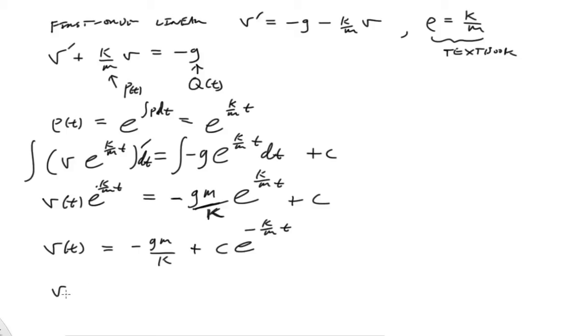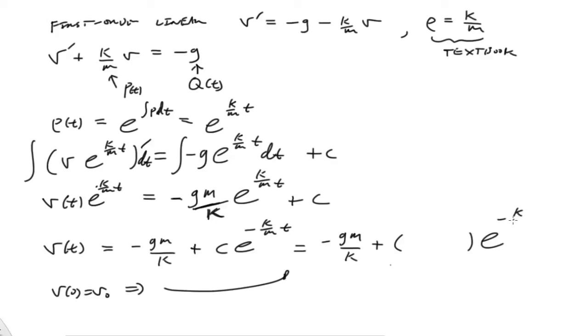All right, so when we incorporate the initial condition, it turns out we can rewrite this as negative gm over k plus, and what will we have to put there where that c is to make this work out? Well, we have this constant term here, and it's subtracted, so we need to add that back, and then we need to go plus v naught.